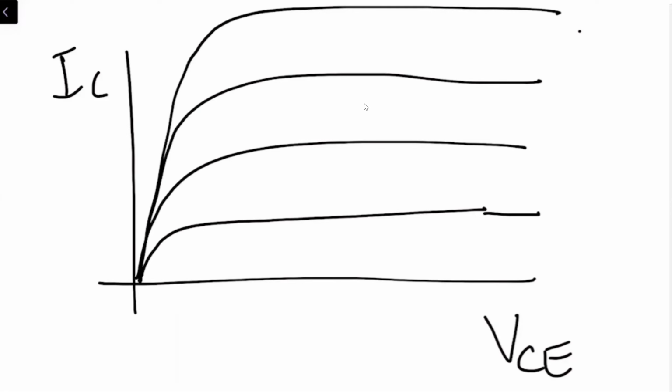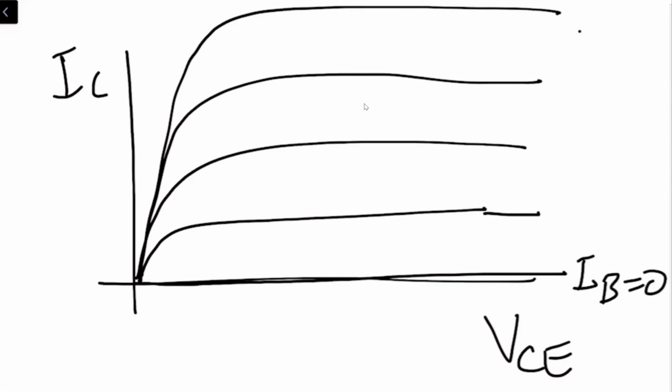Also we have a curve over here when IB is equal to 0. When IB is equal to 0, the curve is just close to the horizontal axis.